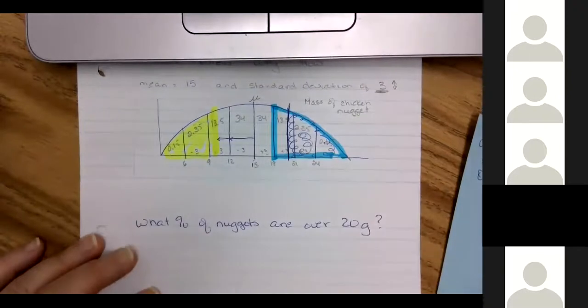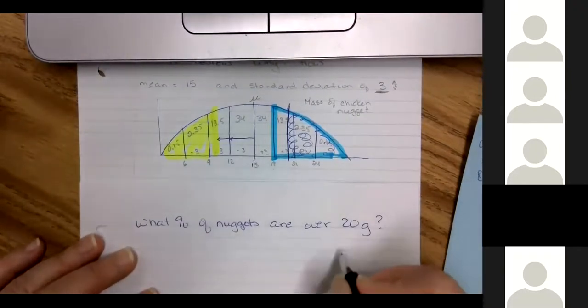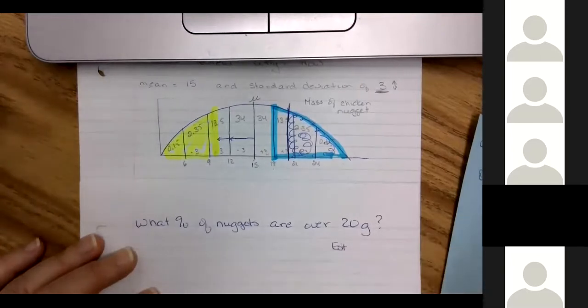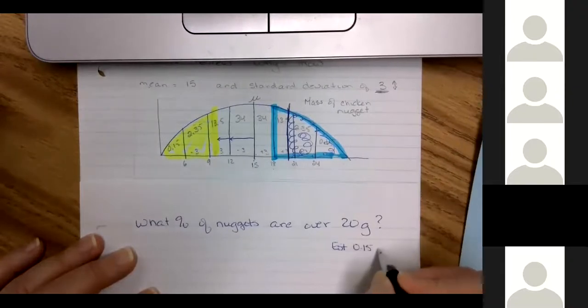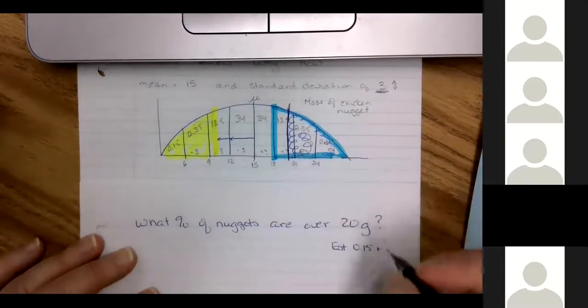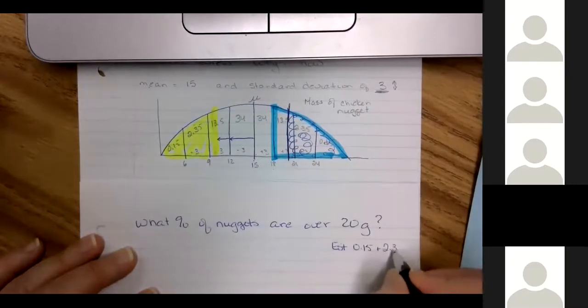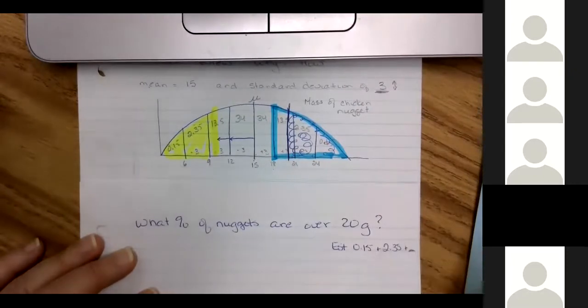So I'm going to do an estimate. Again, you guys don't have to do this. I know it is all the 0.15 plus all of that 2.35 section, plus, I don't know, my estimates have been really bad, so I'm going to say plus some more. I know it's got to be bigger than those two added together.